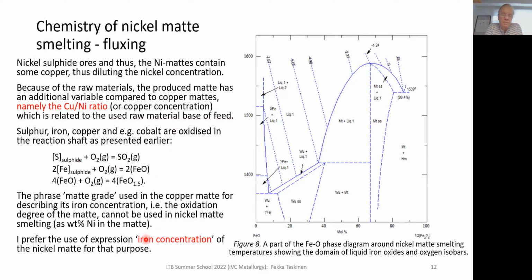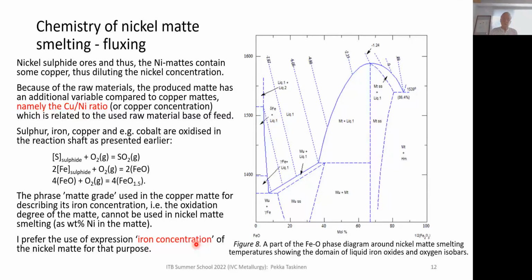So I prefer to use iron concentration of the matte as a measure for the degree of oxidation, and in all of those papers which have been published from other universities dealing with nickel smelting, we have tried to avoid nickel concentration alone being the measure of the oxidation degree, because it's not.